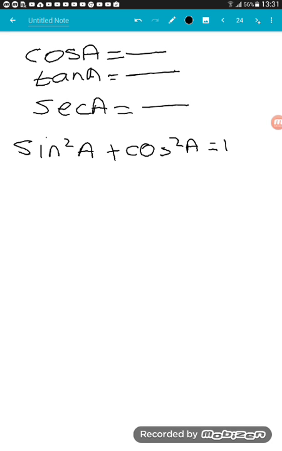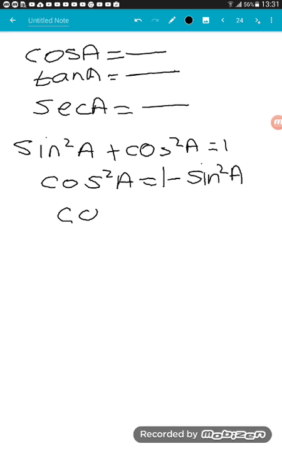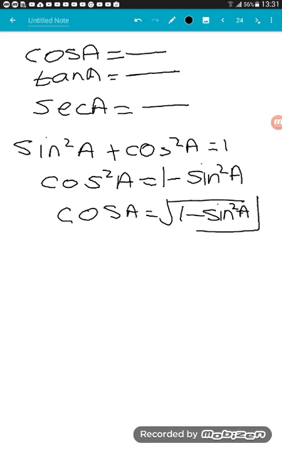Now you have to find cos square A, so using the subdivision we already saw on the previous slide, it will be 1 minus sin square A. Now cos A will be root of 1 minus sin square A. So this is how we found cos A.